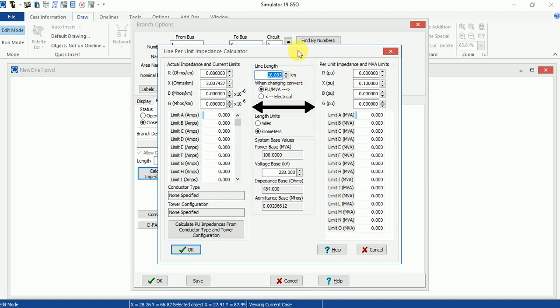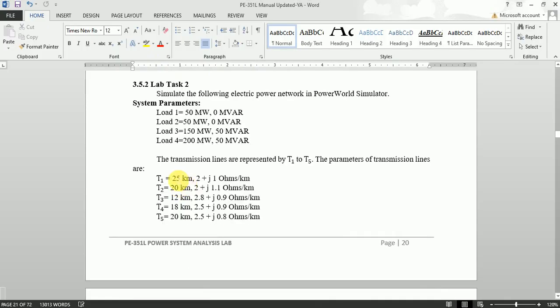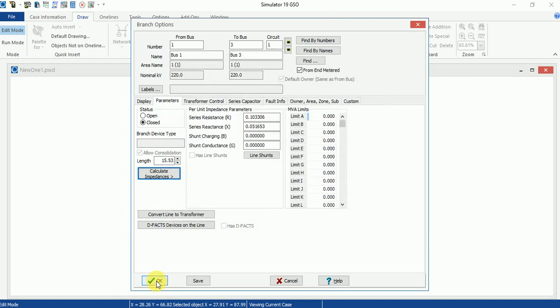Click OK, and then, since the length of transmission line T1 is 25 kilometers, the R value is 2 and the X value is 1. As you can see, it has a distance of 25 kilometers, and the values of R and X are given as 2 plus j1 ohms per kilometer. So that's transmission line T1. Click OK.